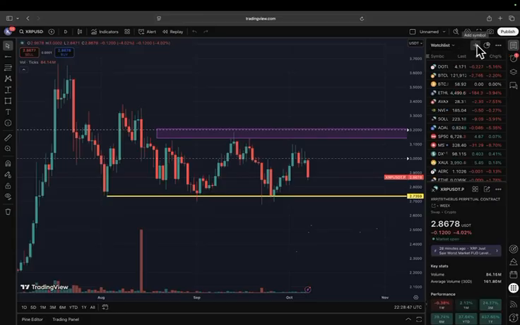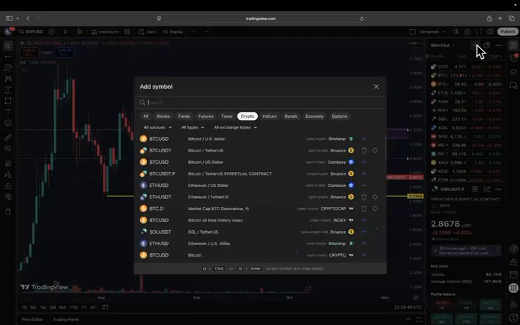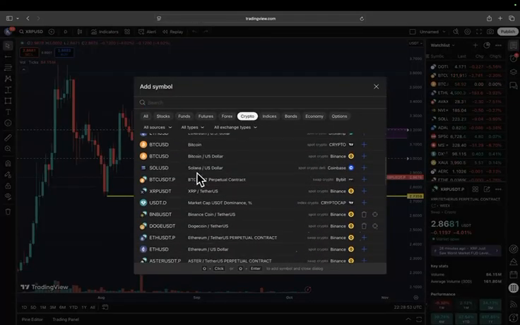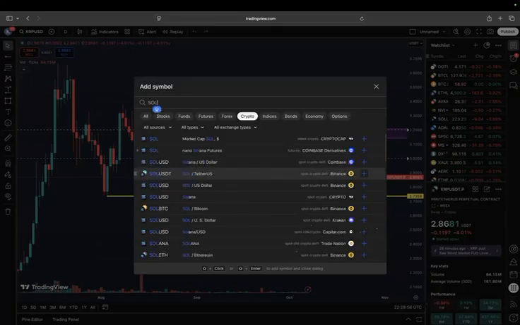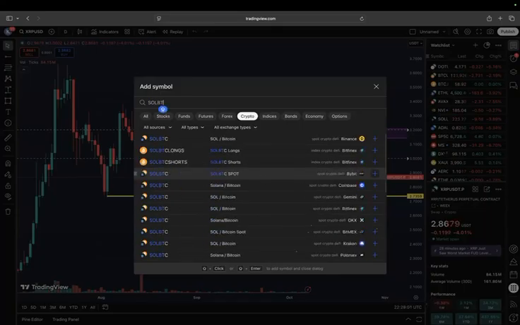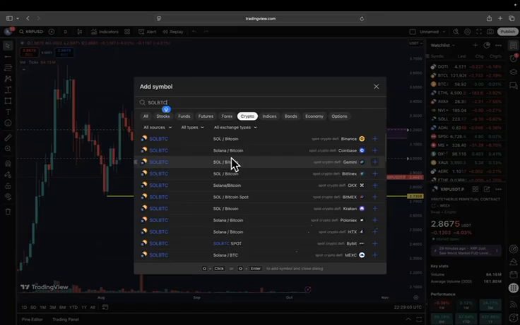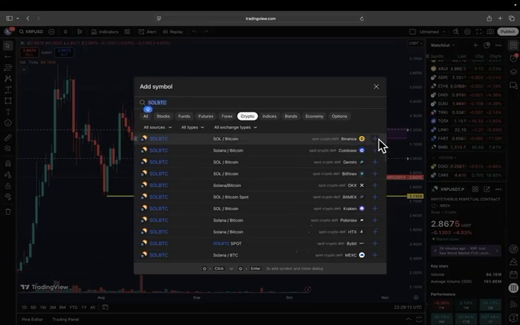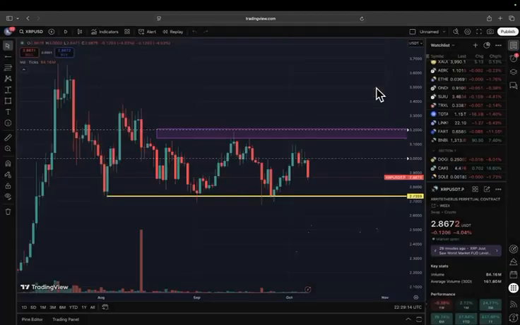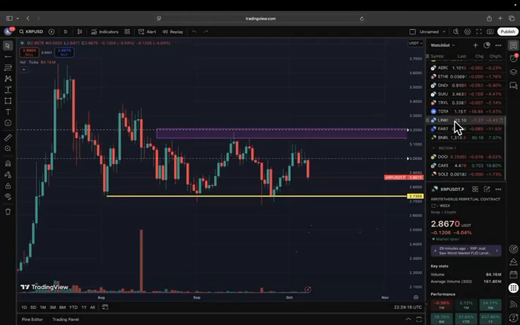But if you want to add something to your watch list, let's add SOL BTC, right? Say I'm looking at Solana against BTC. I add that, and it gets easier for me.